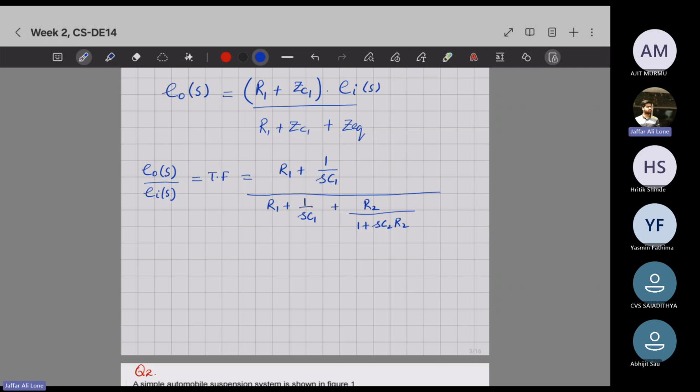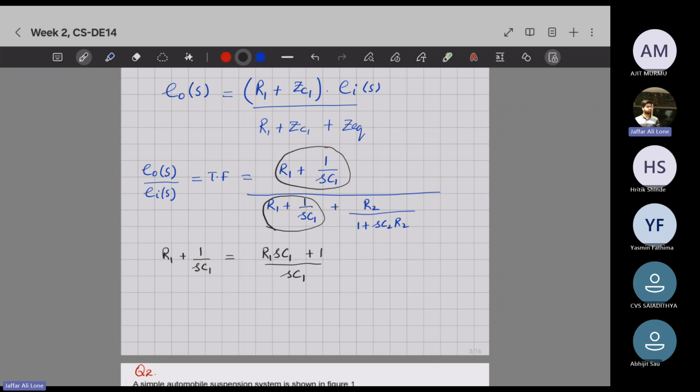You have to be very careful because you sometimes get similar questions in GATE as well. So you have to be very careful with the multiplication here. Let's multiply this part, because it's in the numerator as well as the denominator. R1 plus 1 divided by SC1 will be R1 SC1 plus 1 divided by SC1.